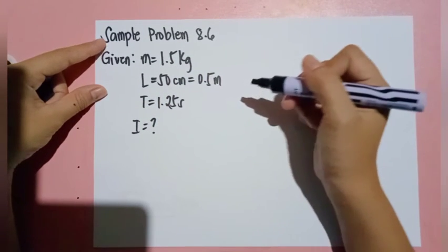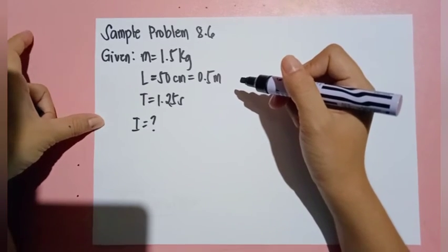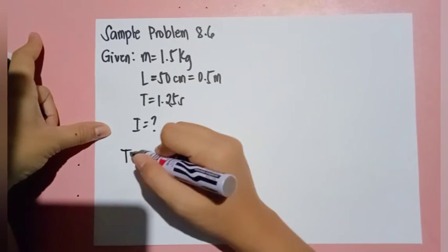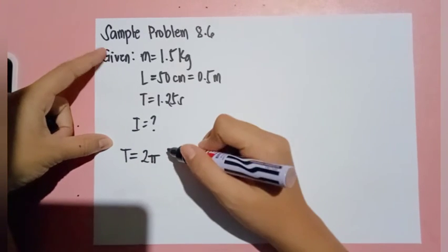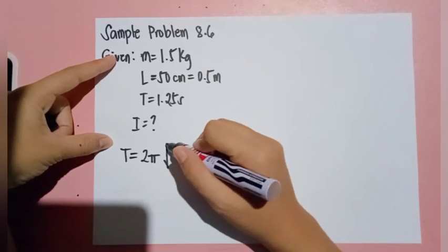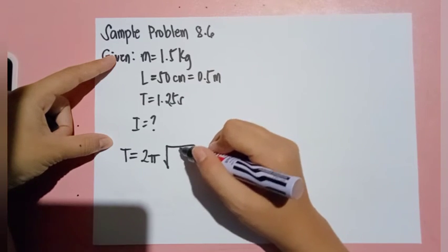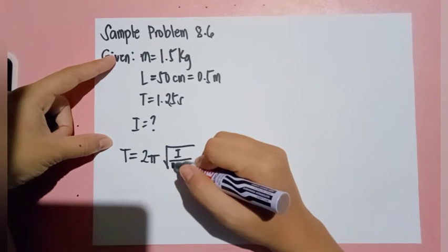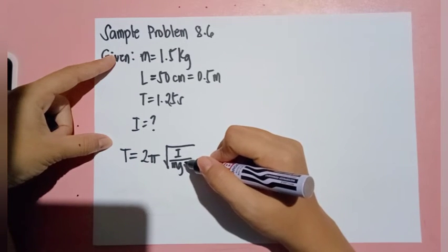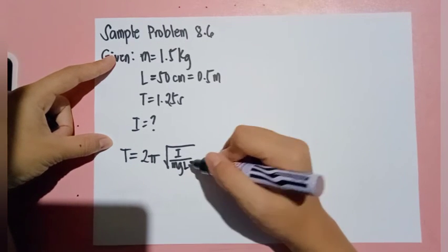Okay, so we are going to deal with equation 8.20, which is T equals 2 pi times square root of moment of inertia divided by mass times acceleration and the length.